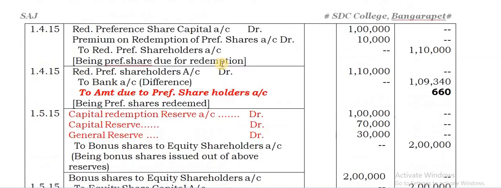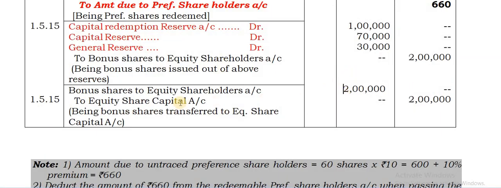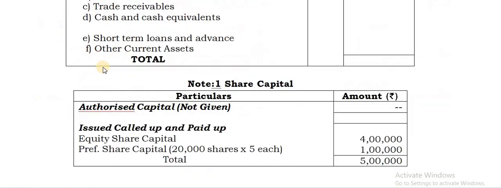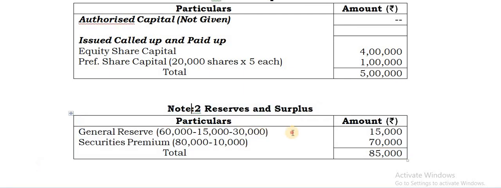Plus there is a fresh issue of bonus shares. You can find again equity share capital is being credited here. So that 2 lakhs plus 2 lakhs gives you 4 lakhs. And the remaining equity shares are there, which is partly paid up. That is 1 lakh worth. So totally 5 lakhs. Along with that, you go for note number 2 also. That is the reserves and surplus. General reserve.